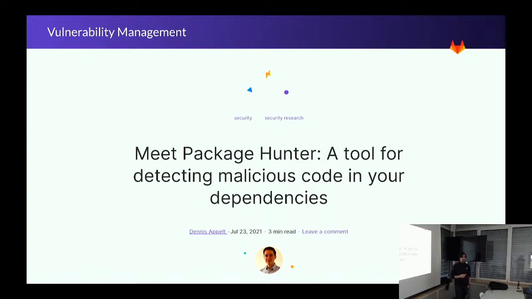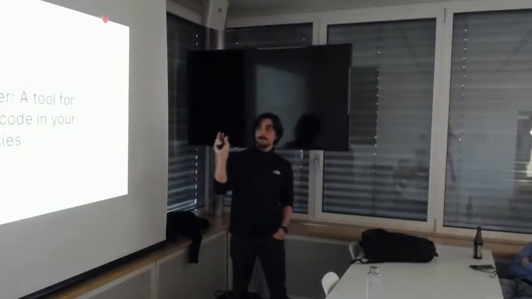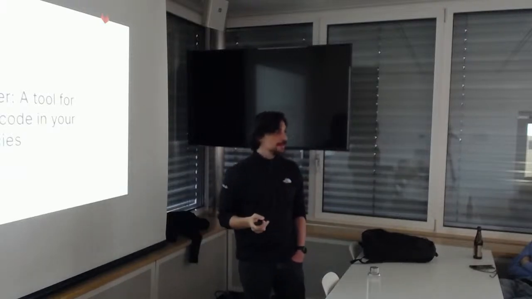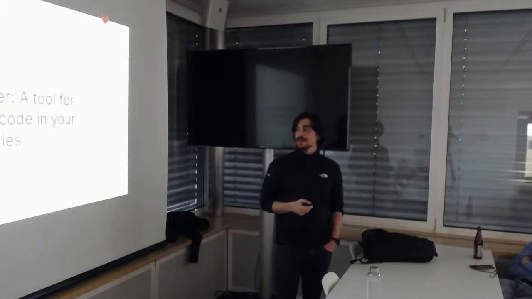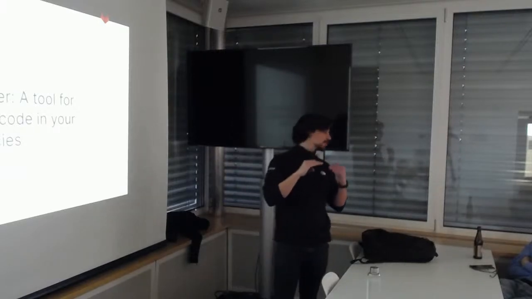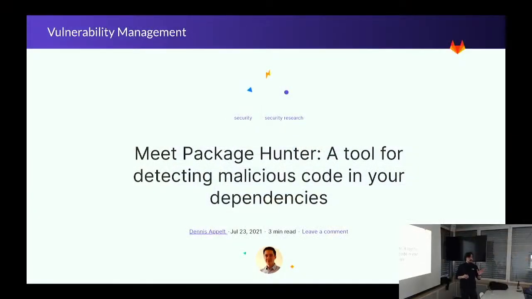So for that reason, we came up with our own repository. It's called untampered yarn log file, which basically checks each of the dependencies, and it doesn't allow the MR to be merged.